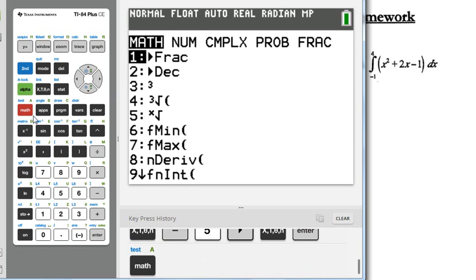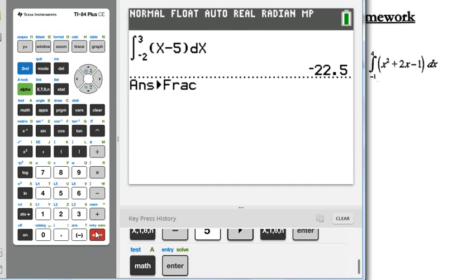Let's see, math. We go to fraction. See, exactly the same thing.